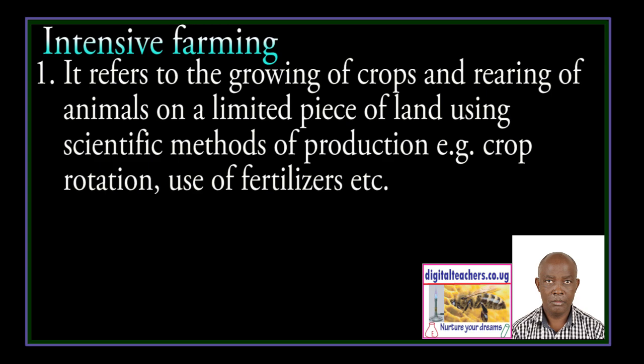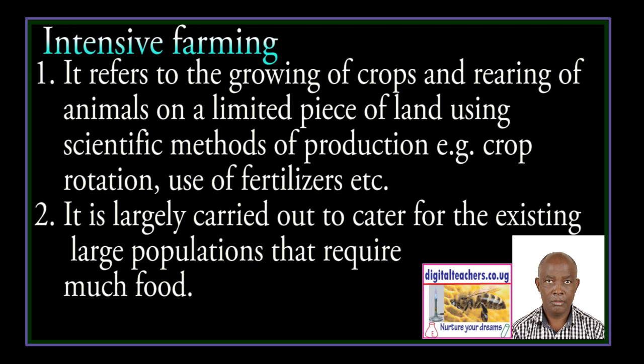intensive farming. It refers to the growing of crops and rearing of animals on a limited piece of land using scientific methods of production. For example, crop rotation, use of fertilizers, and so on.